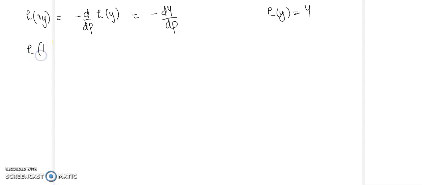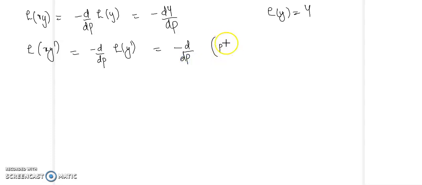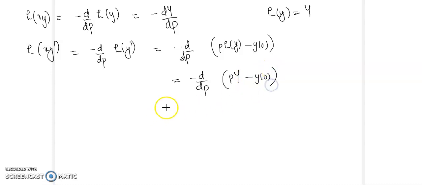And if you need L of xy dash, so L of xy dash should be minus d by dp of L of y dash. Now L of y dash we have seen is p L of y minus y of 0. So that is minus d by dp of pY minus y of 0.